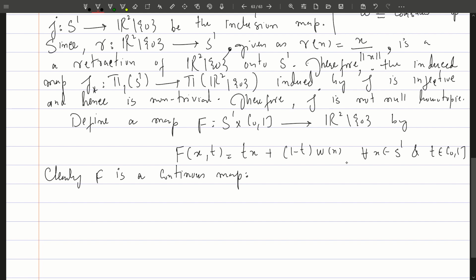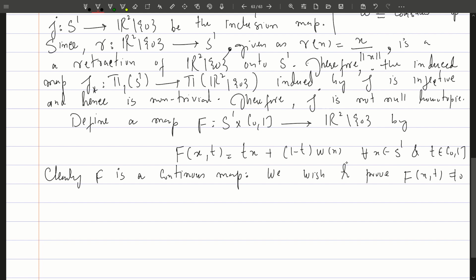Now we wish to prove that this homotopy map, F of (x,t), is non-zero.